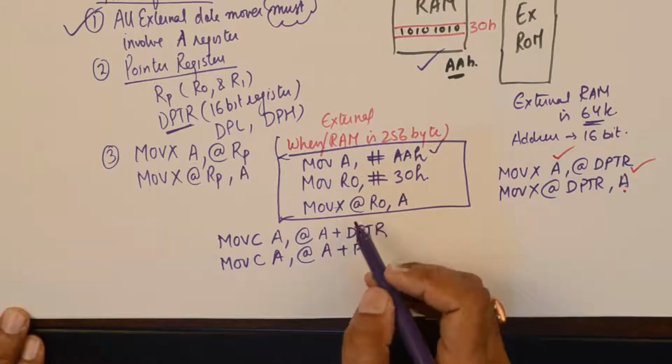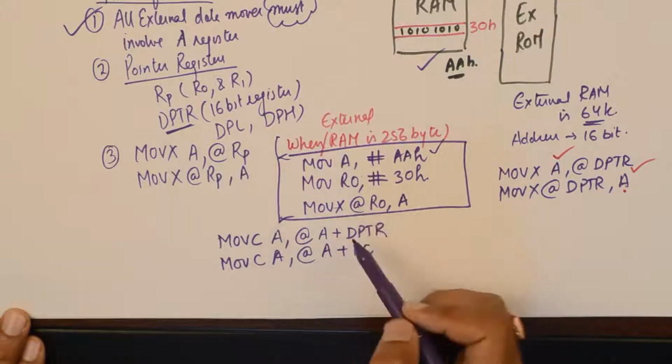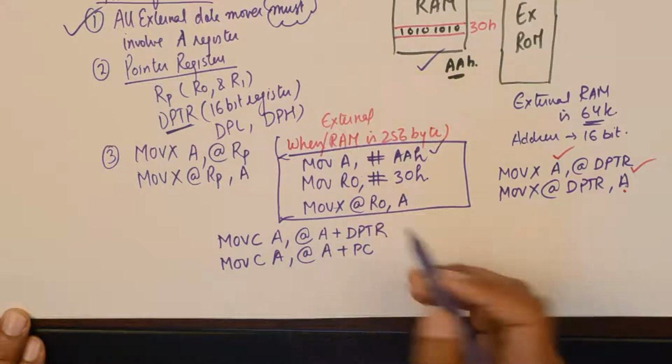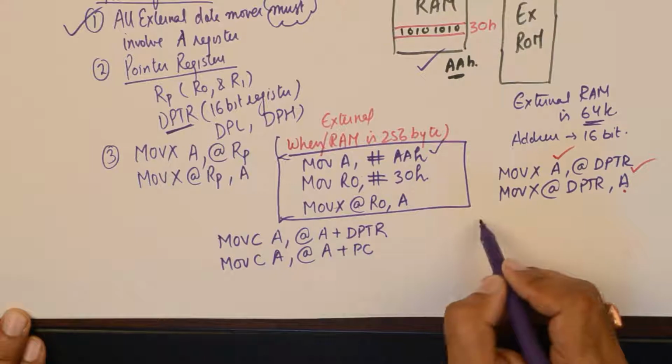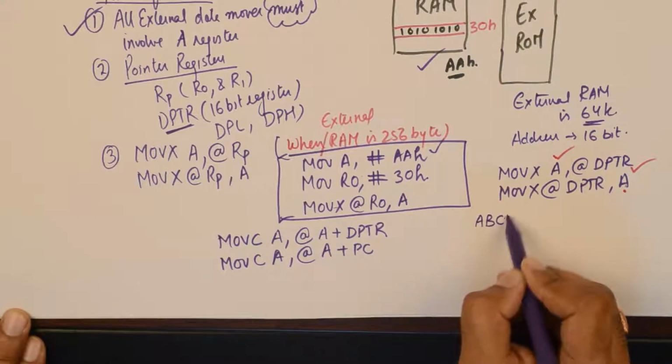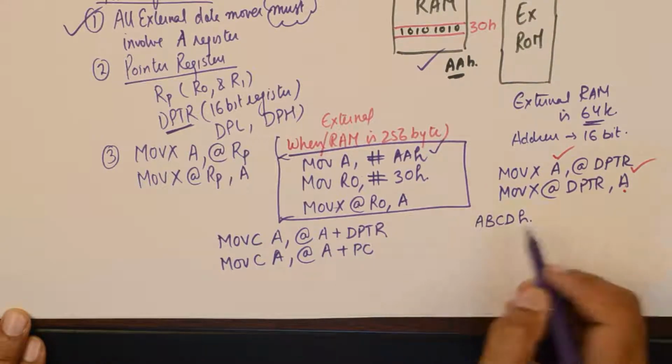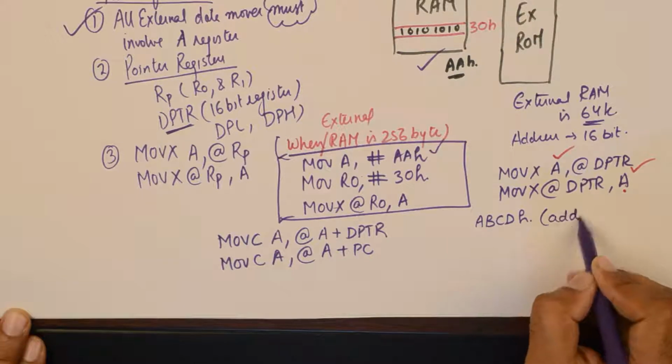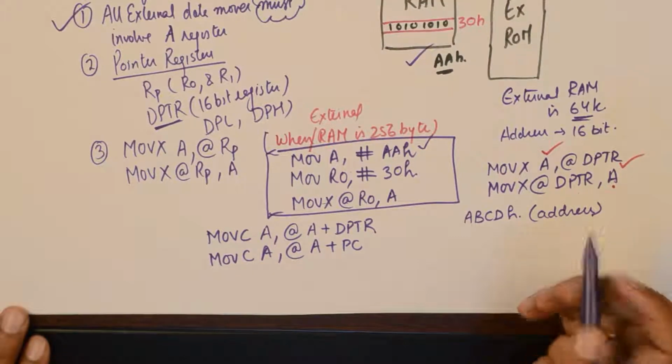Now this is again very simple. If you've understood the concept of pointing to a register, then if we wish to point to, let us say, ABCDH location, then we have too many options to do that.